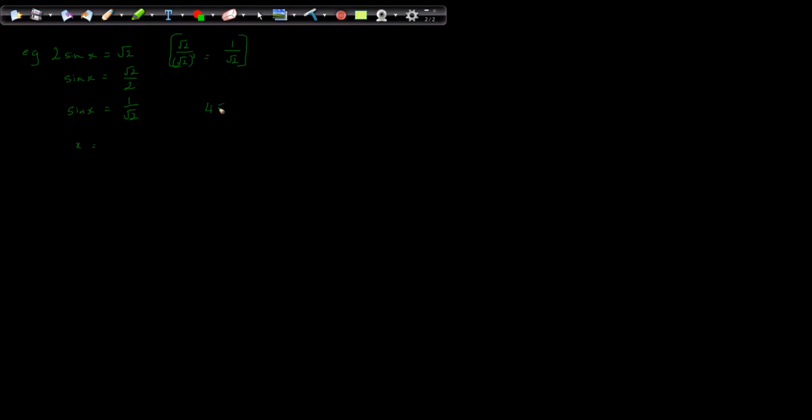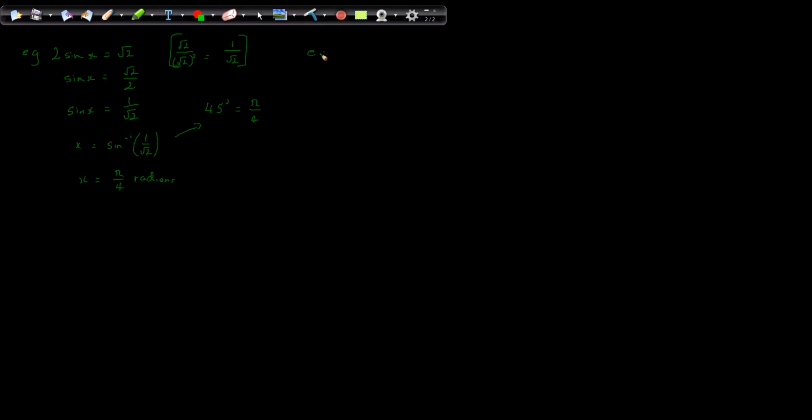And 45 degrees is equal to pi over 4 radians. So we get x is equal to the inverse sine of 1 over root 2. Okay, and that comes out to 45 degrees or pi over 4 radians. And we want to express the answer as a fraction of pi. And that is our solution.